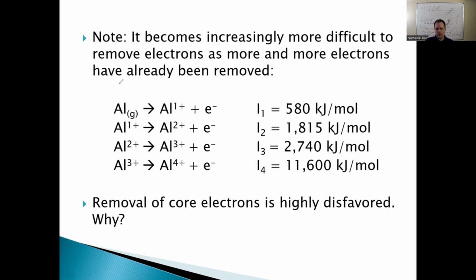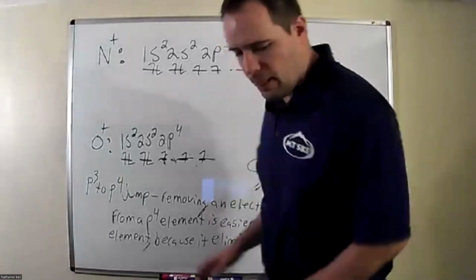Let's talk about this. Okay, I want to write the noble gas configuration of aluminum. So aluminum, oh my gosh, I hate typing this out. But aluminum is going to be neon in brackets. You know what? Nope, not doing it. I'm writing it on the board.